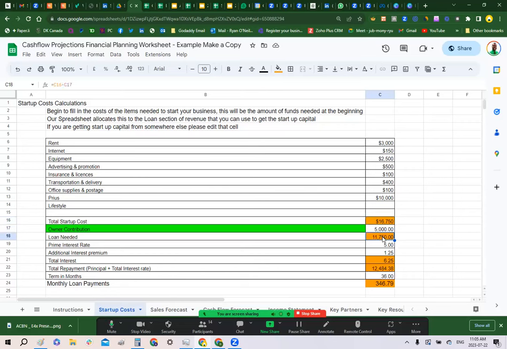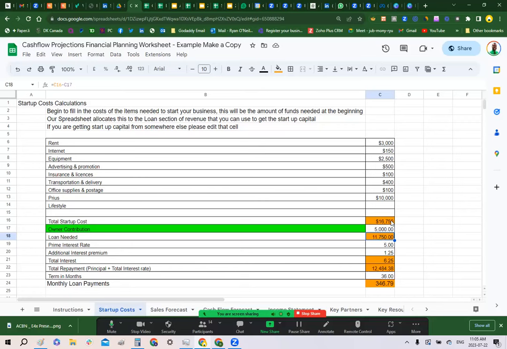When I work with clients, that balance, we have to find that money somewhere. A lot of times we can look and see if there are grants available, but more than likely a short-term loan or a microloan, because that's what we do with ACBN, we provide microloans to entrepreneurs. So this would show how much of a loan you would need to get this business off the ground.